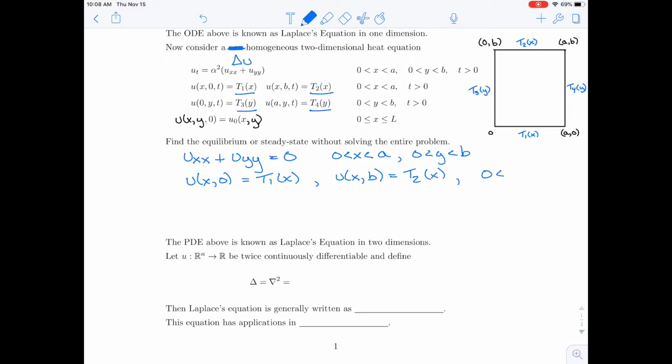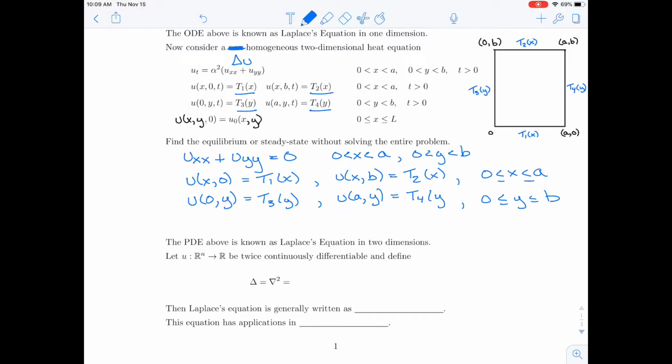Here we're going to let x vary between 0 and a. We'll also have that u of 0, y on the left edge of the plate is T3 of y, and u of a, y on the right edge of the plate is going to be T4 of y. And this will be for y's between 0 and b.